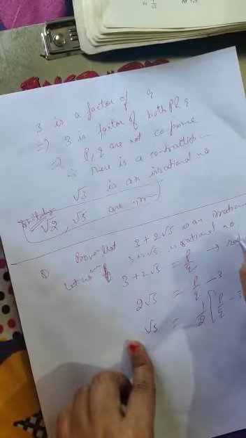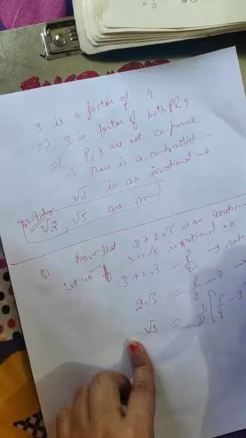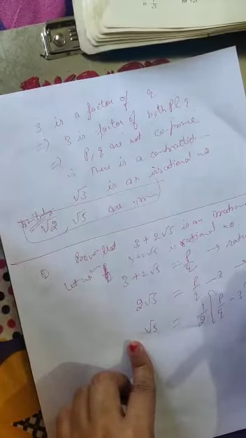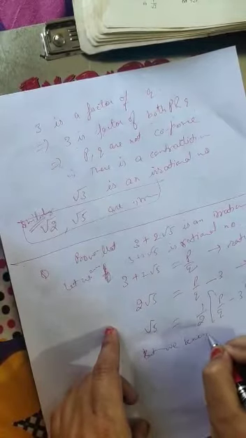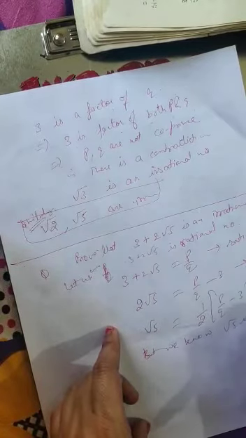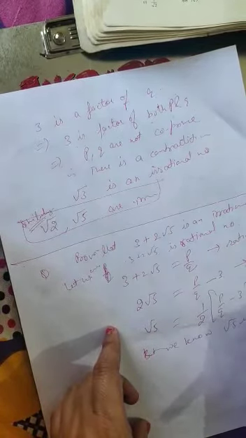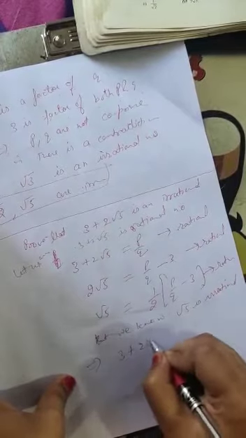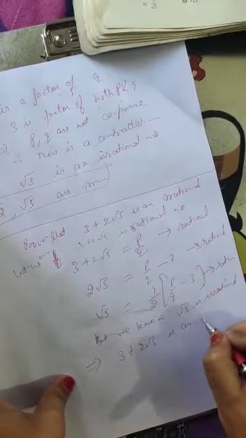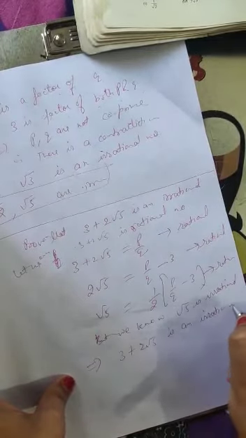This is rational, but we know that square root 5 is irrational. This implies 3 plus 2 square root 5 is an irrational number.